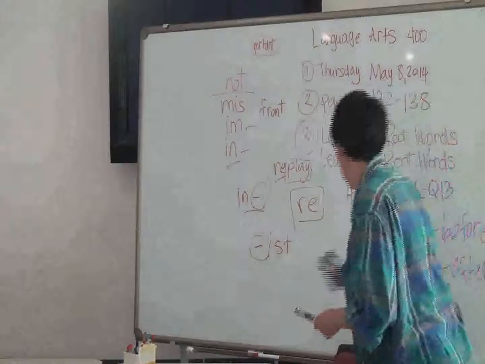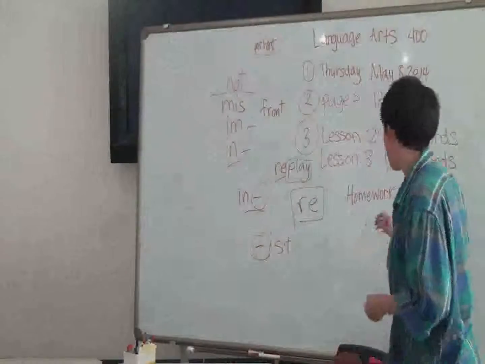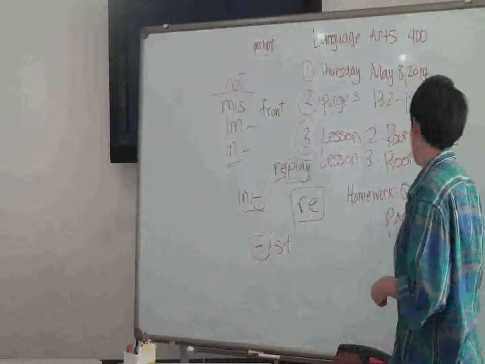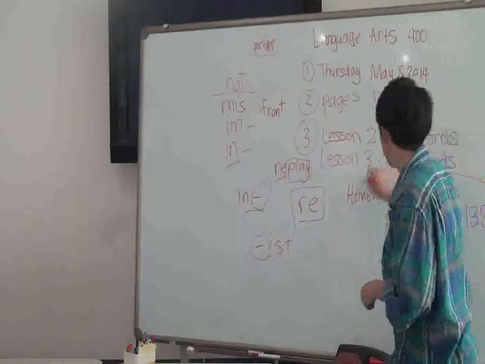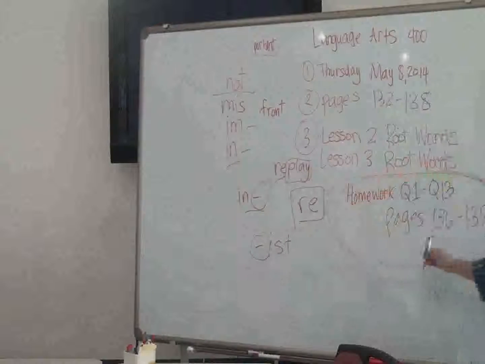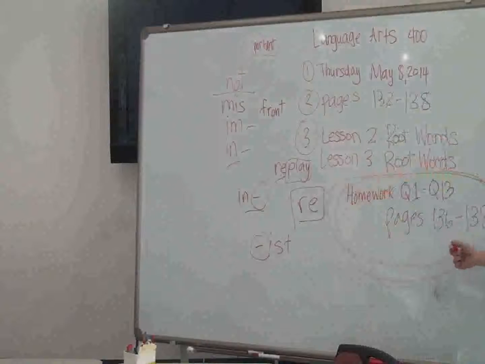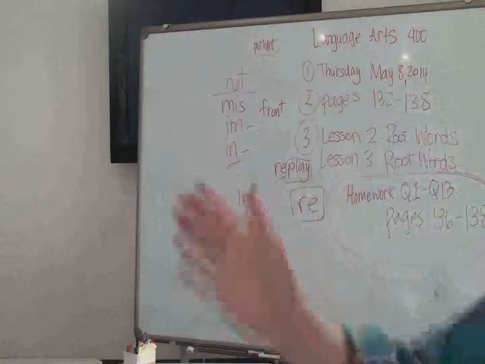Okay, where is it? And they are on pages 136 to 138. Okay? So this is your homework here. Can everybody on the camera see your homework? Don't forget. All right.